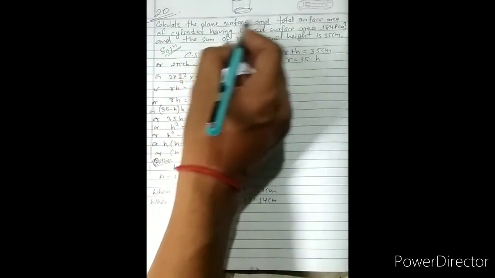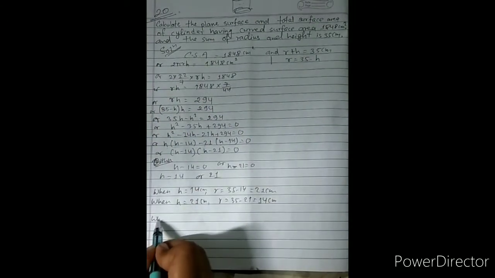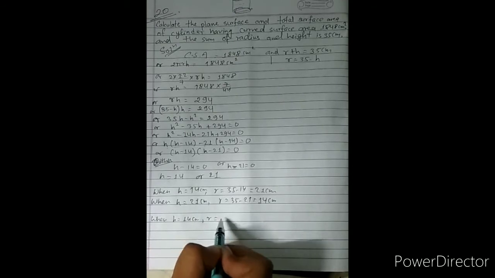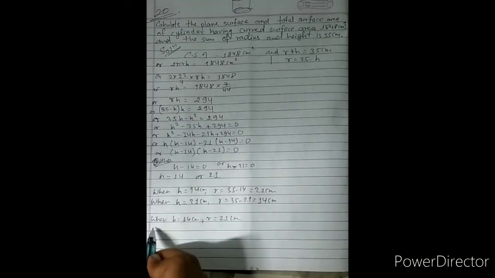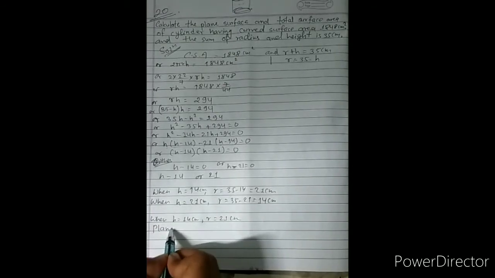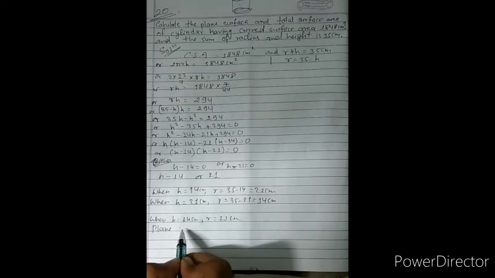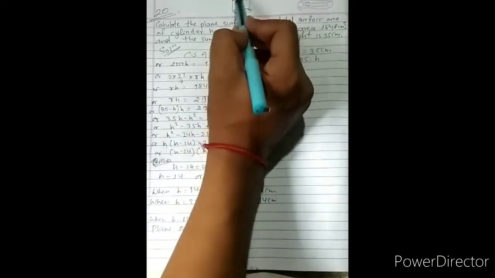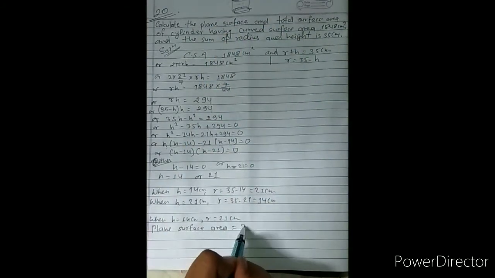We have to find the plane surface area. When h is equal to 14 centimeter, r is equal to 21 centimeter. What will be the plane surface area? That means circle. How many circles are there? 2.